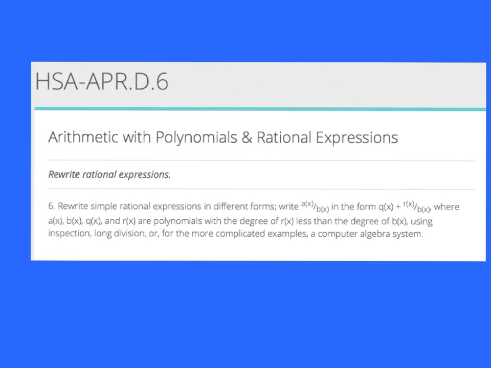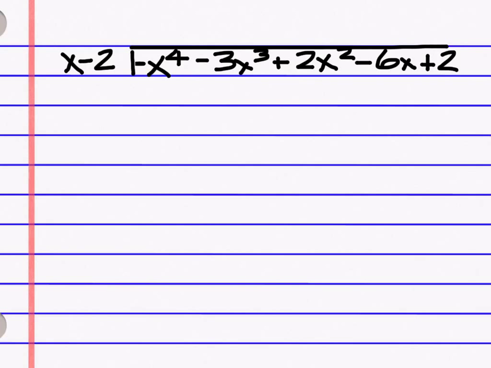Same objective, we're going to divide a polynomial by a binomial. Here's example 1. You're going to walk me through this problem, and I need to change the pen to this. We'll go to green. What is my first move? What do I multiply x by to get -x to the fourth?